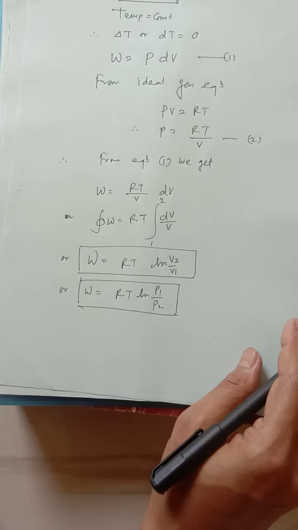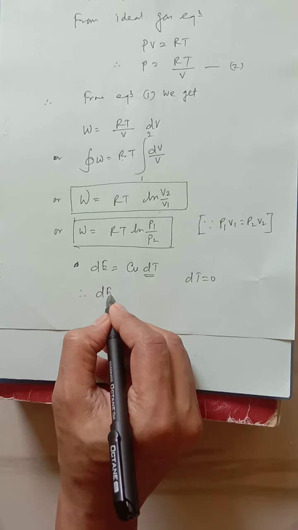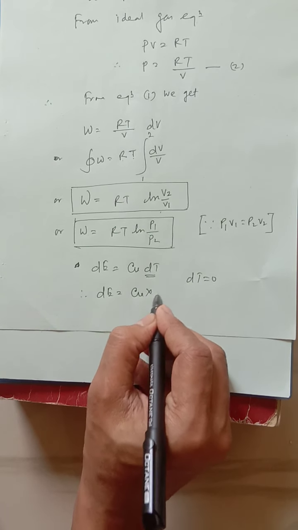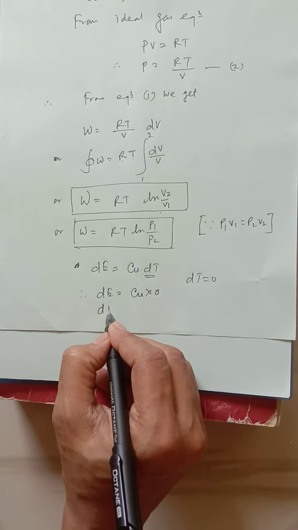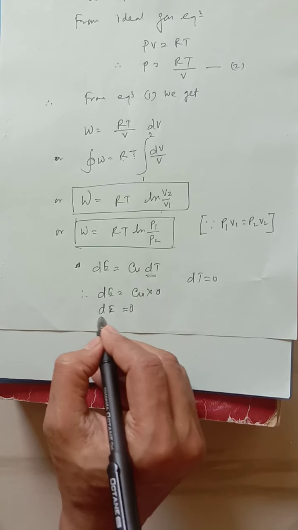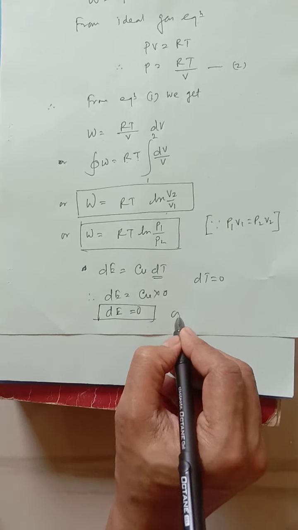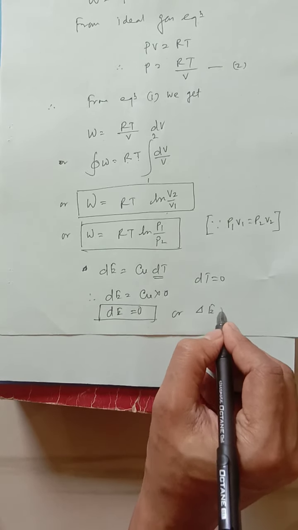Now W is over here. Now what we can write over here, we all know that delta E equal to Cv dT. Now the dT part equal to 0. So obviously dE equal to Cv into 0. So dE will be 0, or delta E equal to 0.